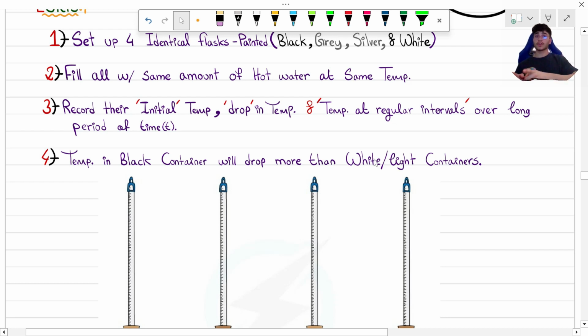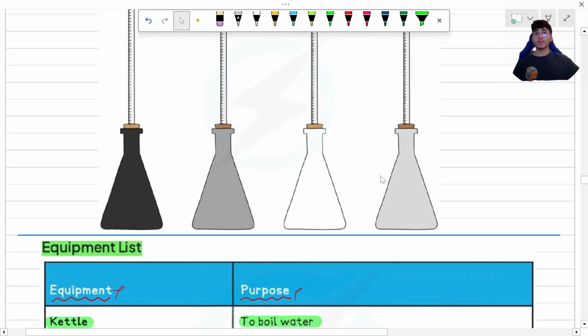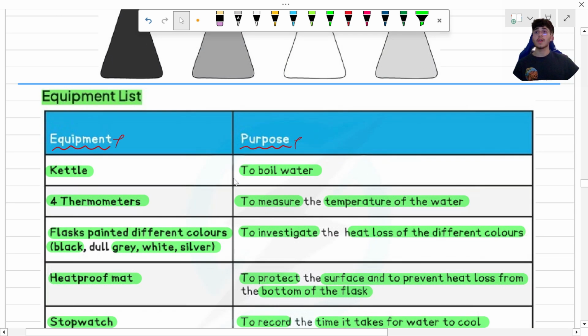Record their initial temperature and the drop in temperature at regular intervals over a long period of time. The temperature in the black container will drop much more than in the white and light containers. So we have 4 similar flasks, with equal water and temperature, and we investigate the rate of temperature drop in the 4 colors.